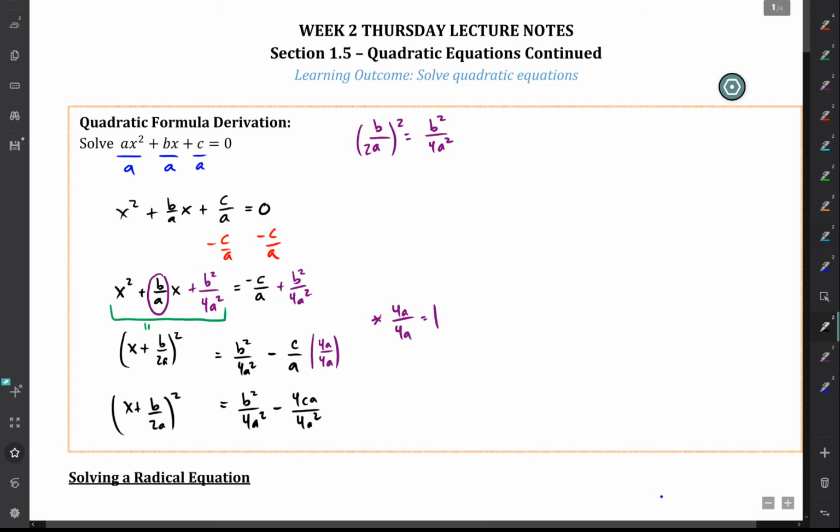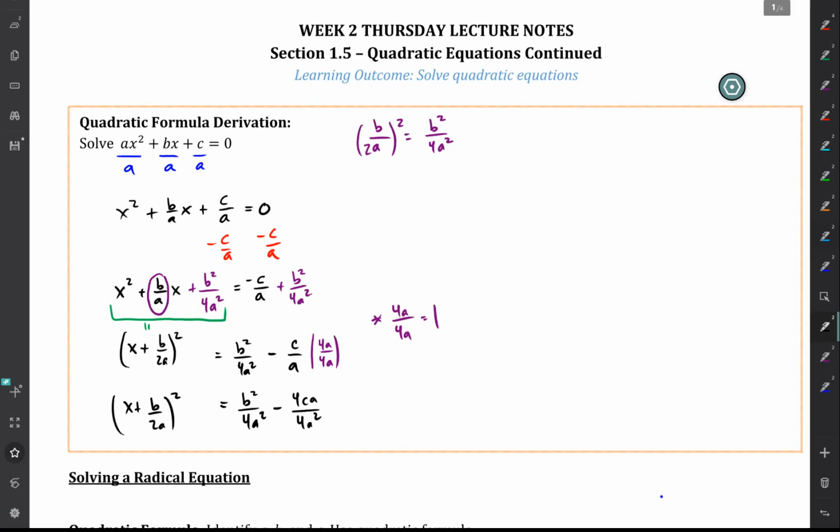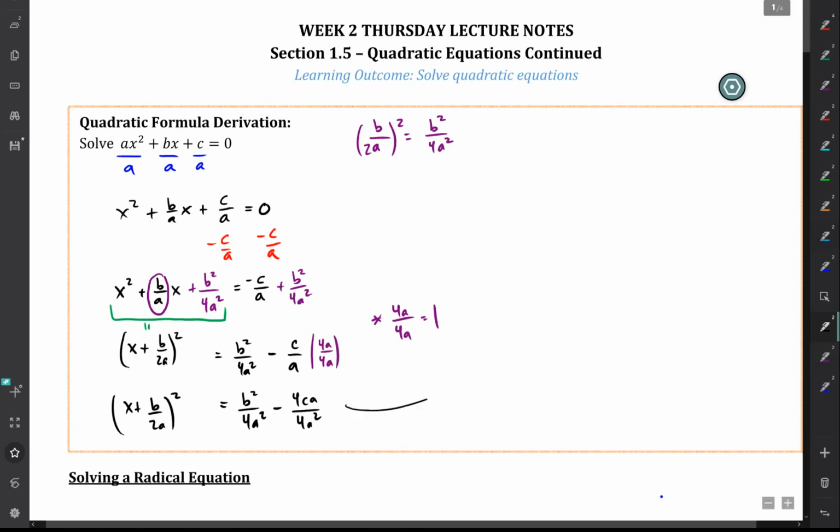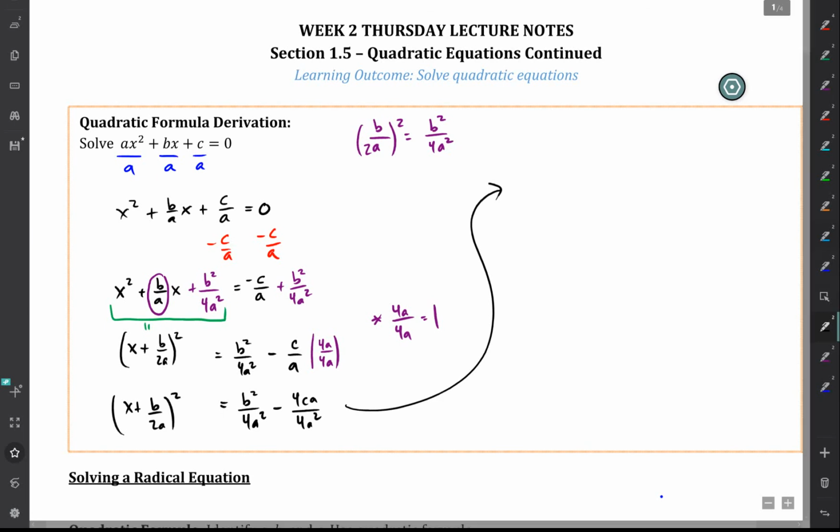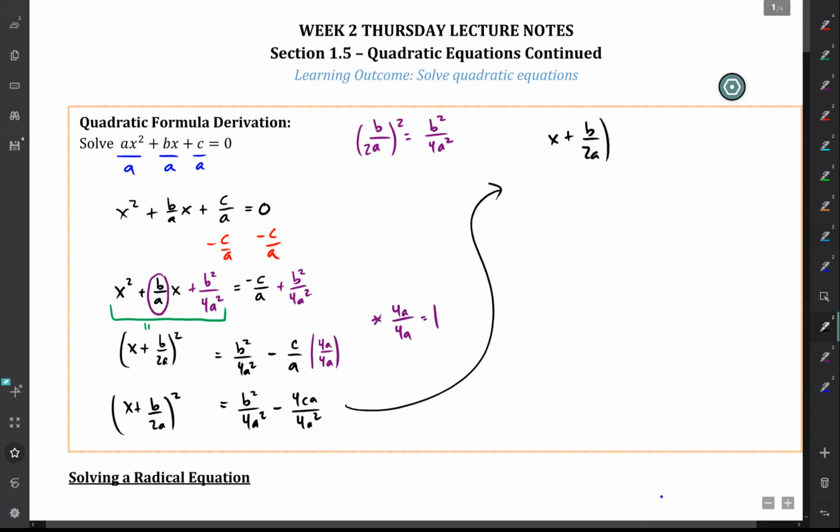And now what we want to do is take the square root of both sides. So let me move over here, and I'll rewrite it just to keep things simple. So this is x plus b over 2a squared is equal to b squared minus 4ca all over 4a squared. Since I have a common denominator, I can write it all over 4a squared there.